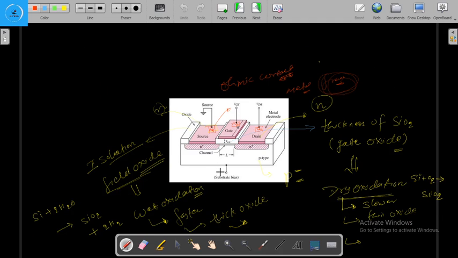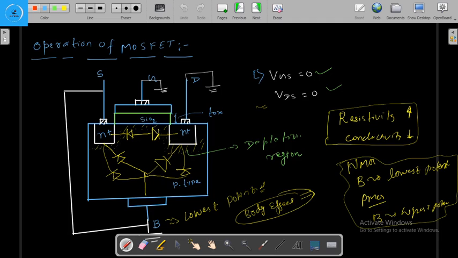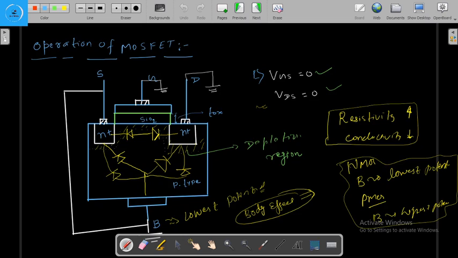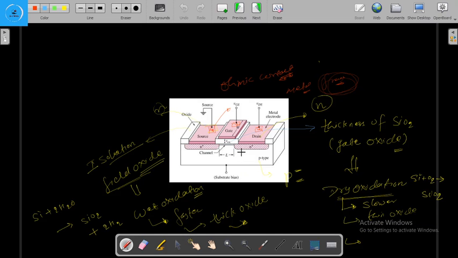This is the width of the channel, this is the length of the channel, and this is the thickness of the channel.